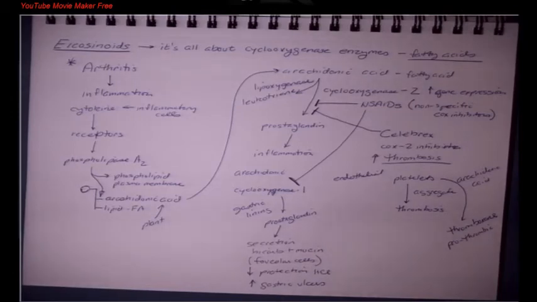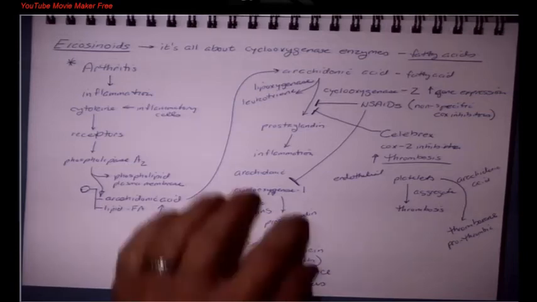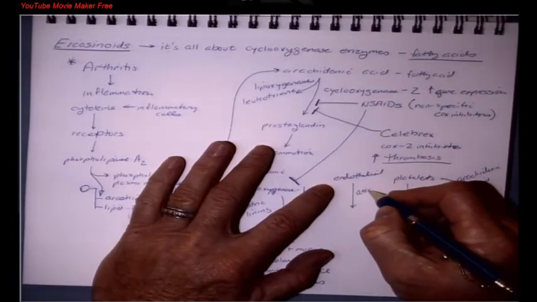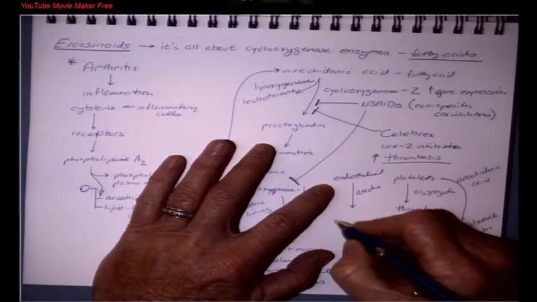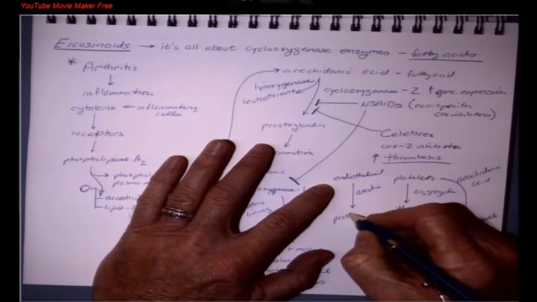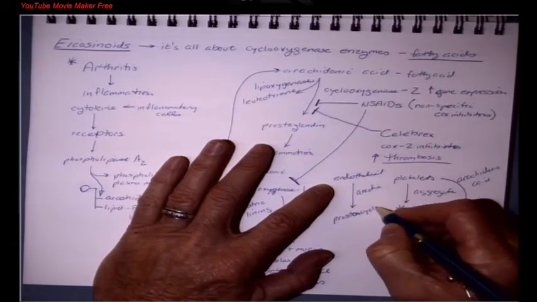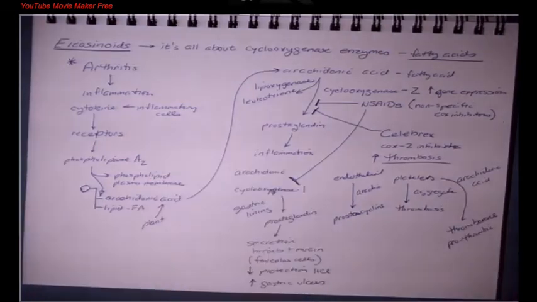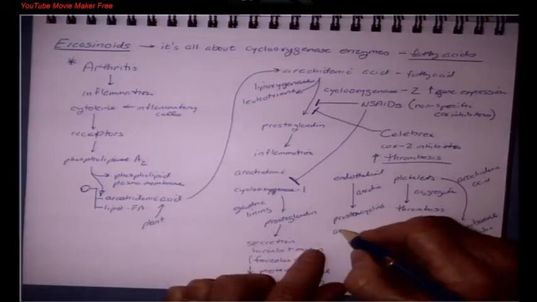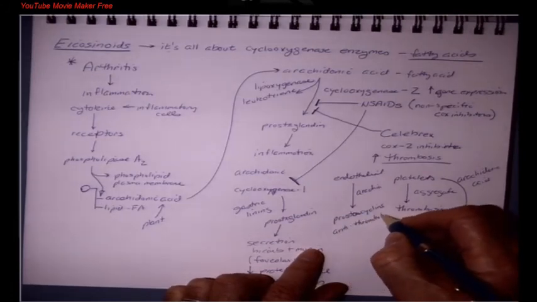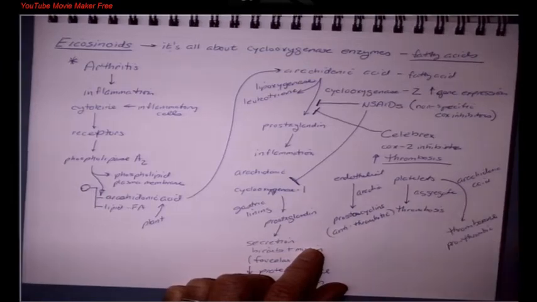Now, endothelial cells want to control this activity, and so they will convert arachidonic acid into prostacyclins. And prostacyclins are anti-thrombotic.